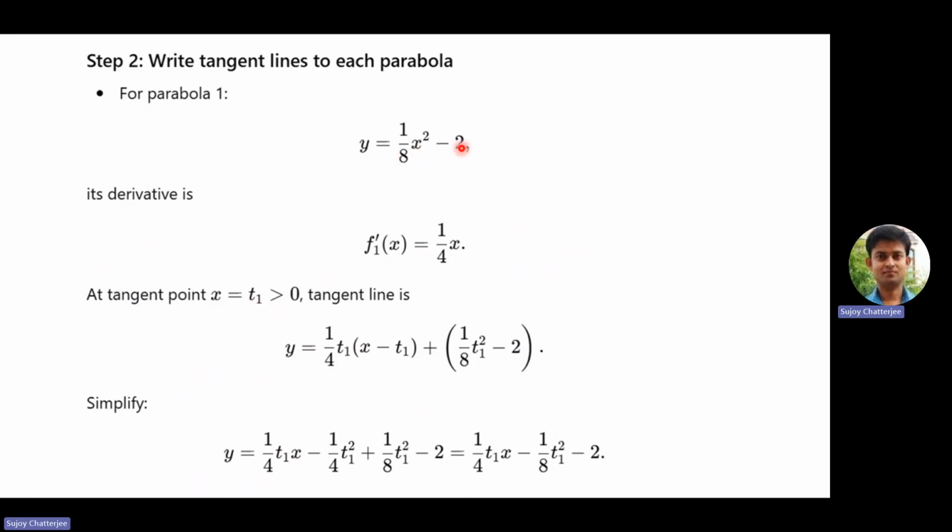So this 1 by 8 t1 square minus 2 becomes the intercept, and 1 by 4 t1 multiplied by x minus t1 is the slope, based on the equation of a straight line. Now simplifying this expression, we get 1 by 4 t1x minus 1 by 8 t1 square minus 2 equal to y.